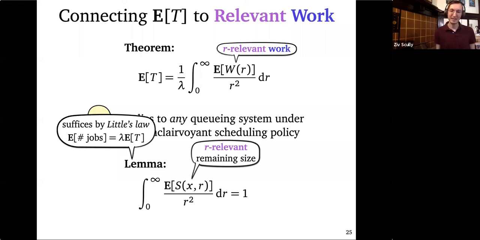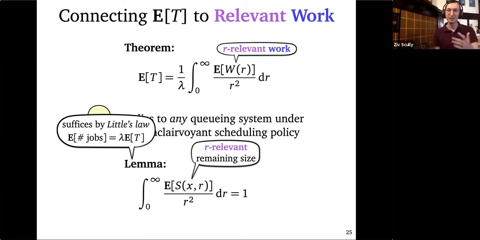And this lemma suffices because of an equivalence between number of jobs in the system and mean response time. So applying this lemma to each job in the system says that the total R relevant remaining size, that is R relevant work, is the number of jobs in the system under this integral. And so then Little's law, which is this classic queuing theory result, relates number of jobs in the system to mean response time.